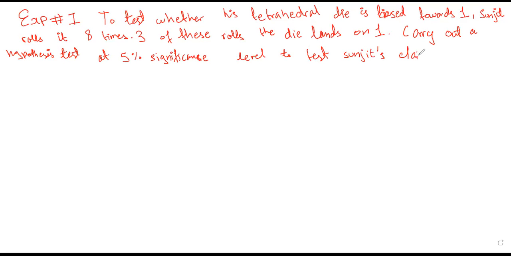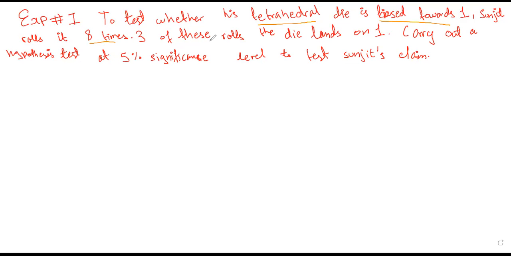Sanjeet's claim. Now, the question has many details required to test whether his tetrahedral die is biased towards one. Sanjeet rolls it 8 times.